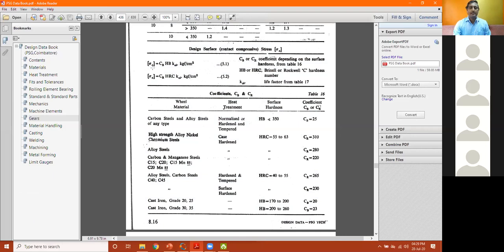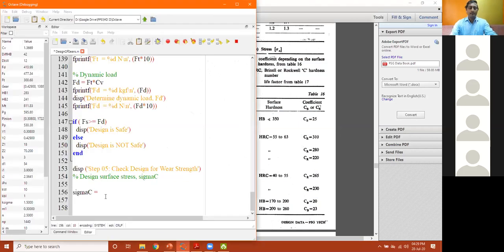Okay, so write down this equation. Sigma c design is equal to Cb into HB into KCL. I'm writing it here. Now, in this code, I need to define these values before I use them.